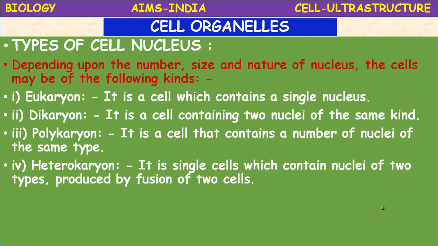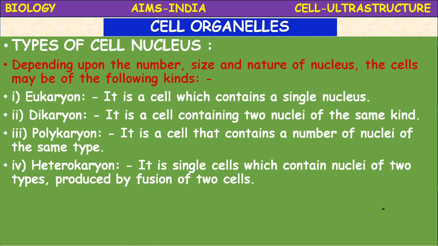Next, heterokaryon. Till now we have come across only cells containing the same kind of nucleus. Eukaryon has a single nucleus, dikaryon has two nuclei of the same kind, polykaryon has a number of nuclei of the same type. But heterokaryon, hetero means different.